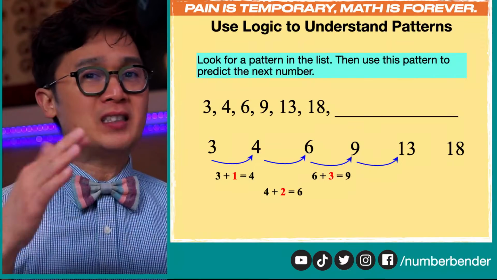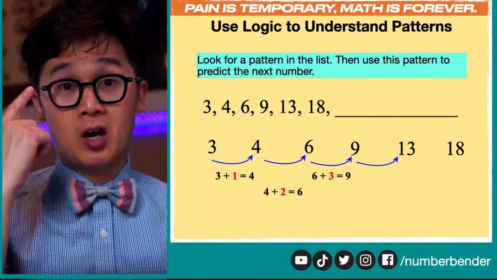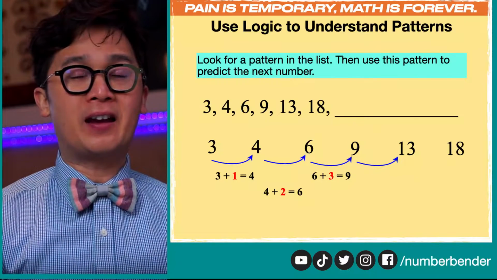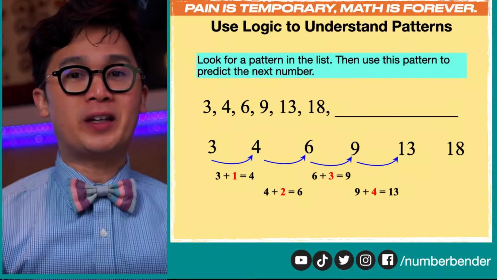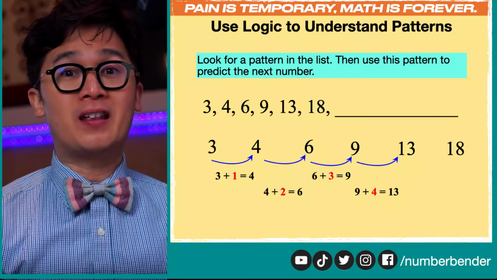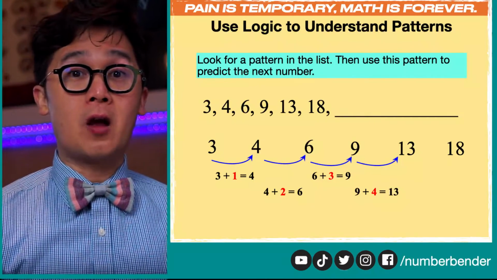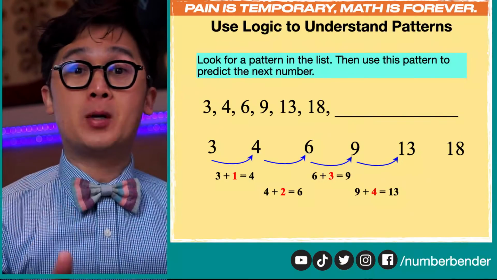So we are seeing a pattern based on our logical thinking. That means from 9 to 13 we simply add 4, which is true in this case.